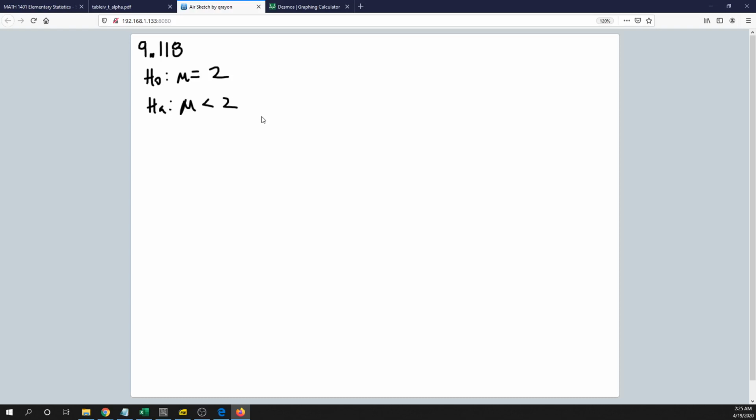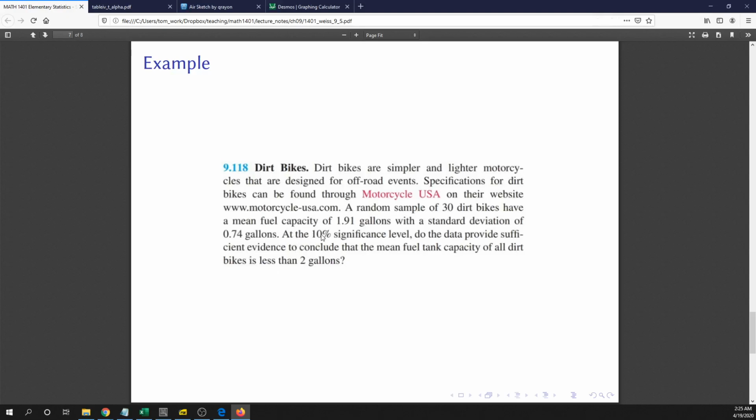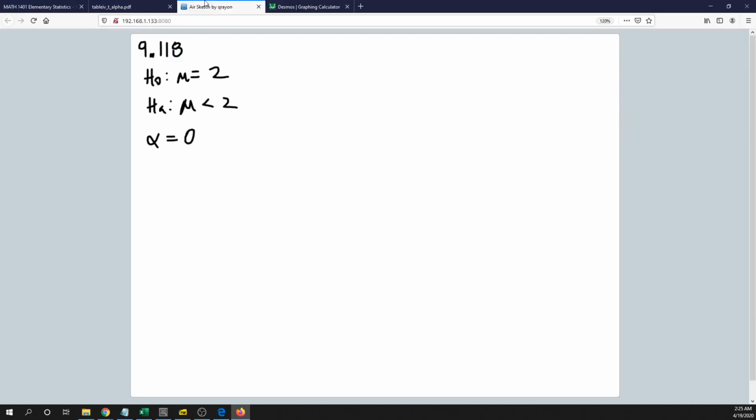Next up is the significance level. They just flat out tell you in this problem, like they will in all the problems that we'll work, that it's a 10% significance level. As a decimal, that would be 0.1. Next up is to calculate the test statistic. That's going to be t equals x bar minus mu naught, all over s divided by square root n.